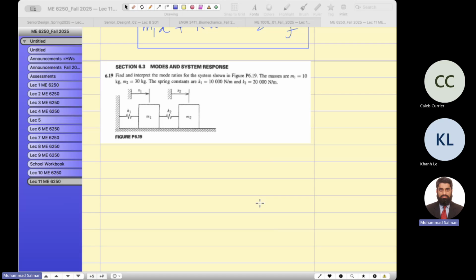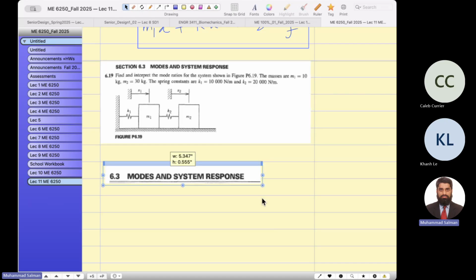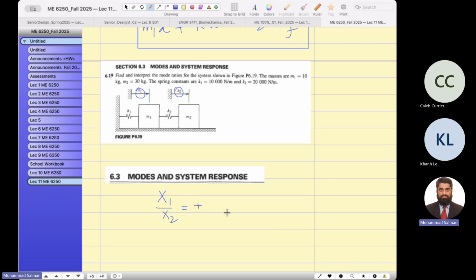So modes and systems. Let me explain to you what you mean by mode shapes. The mode shapes are the shapes of the displacement ratio. For example, if one mass is moving with x1 and the other mass with x2, what is the ratio? Is it positive or negative?